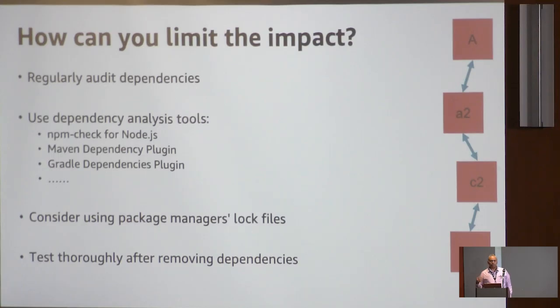So if the version of your dependency changes, that does not throw your dependency tree completely off. And if you are removing dependencies that you think are not useful, or a version changes and you are not comfortable with it, make sure to test your project so that one of the dependencies doesn't break your system.